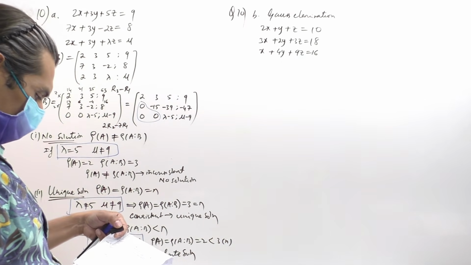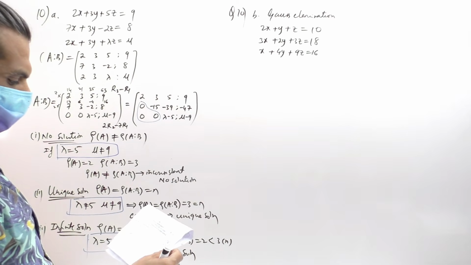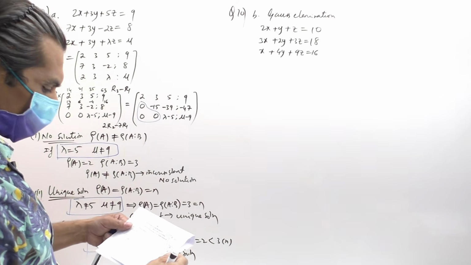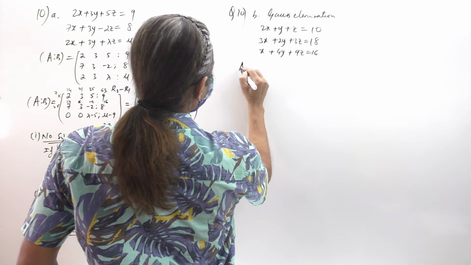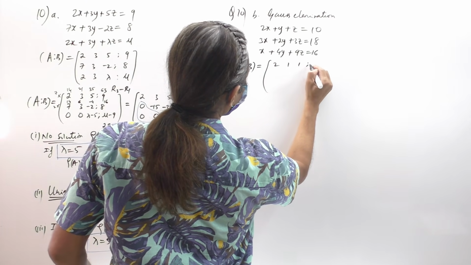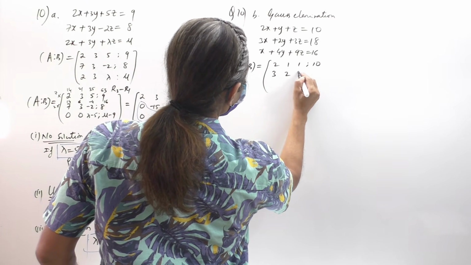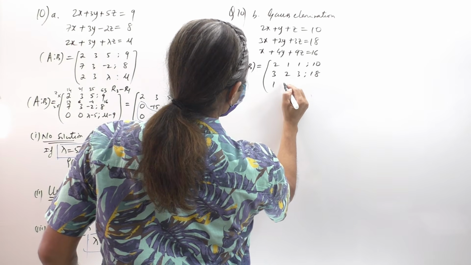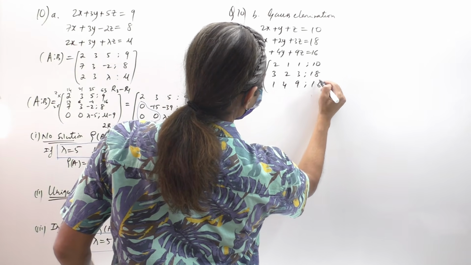We write the augmented matrix A, B as 2, 1, 1, 10; 3, 2, 3, 18; 1, 4, 9 and 16.